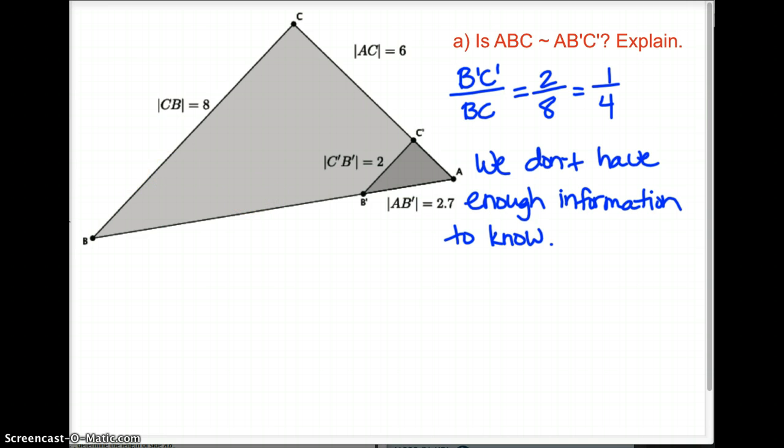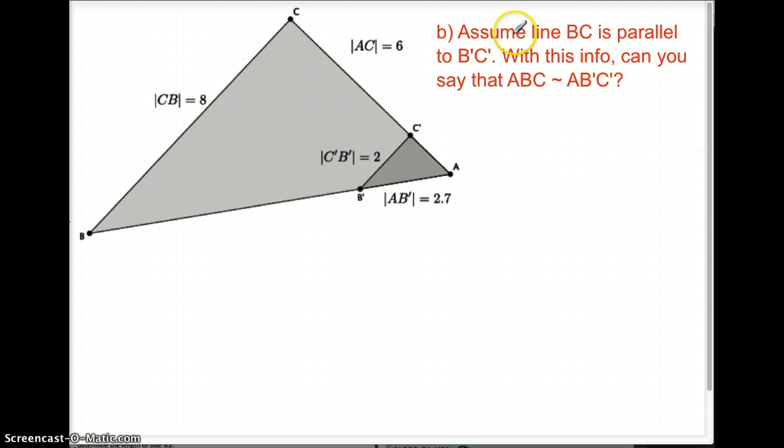Moving on down to part B, it says assume line BC is parallel to B prime C prime. So these two lines right here. With that information, can you say that the two triangles are similar? Because they are parallel, the corresponding angles are congruent.